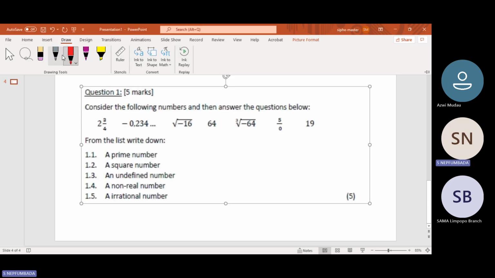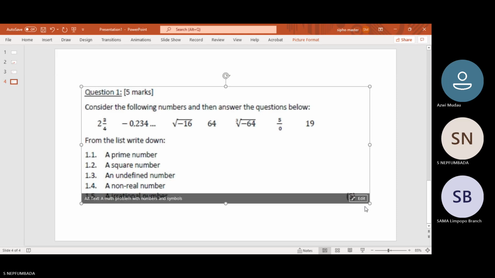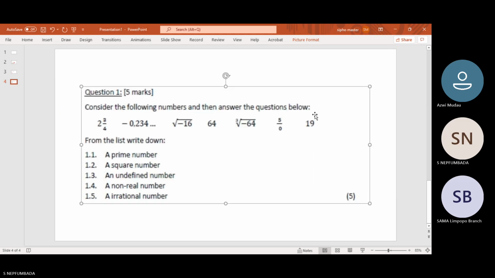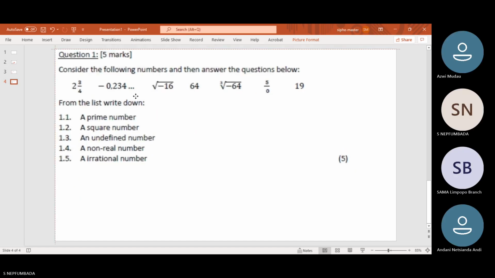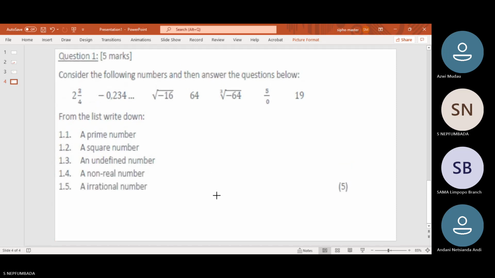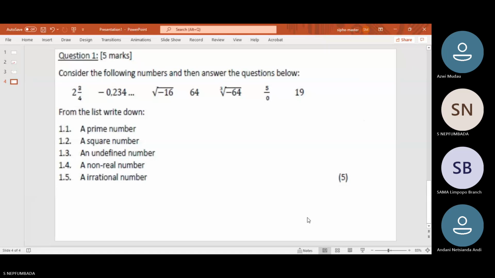Let's go to this question. So can you see the screen? Yeah. Yeah, I can switch.